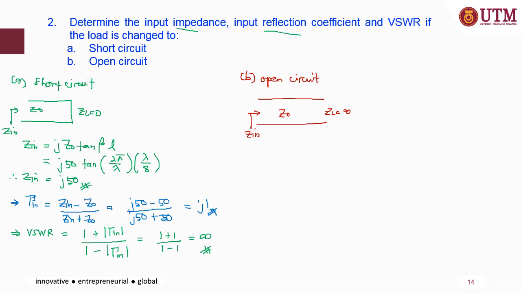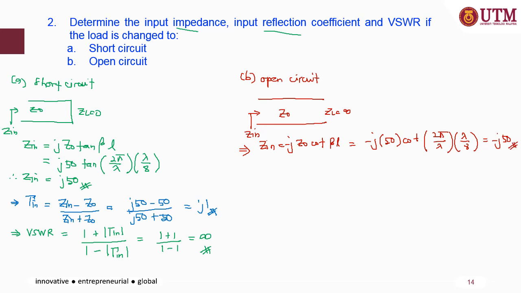Alright, for open circuit, you know that your Zin is simplified to negative jZ0 cotangent beta L. So this is equal to your negative j, your Z0 is 50, cotangent beta, 2 pi over lambda, your L is lambda over 8. So you should get your Zin for open circuit equal to negative j50.